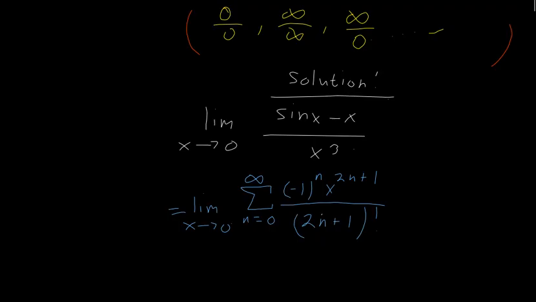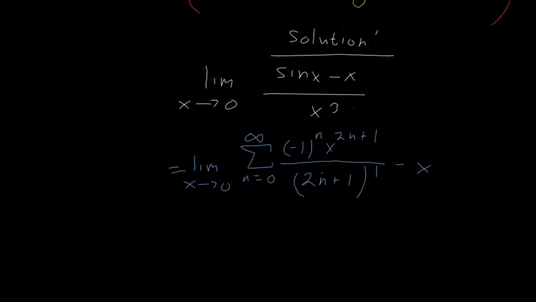If you're not familiar with this, it is just the power or Maclaurin series of sine x. That's why I substitute into sine x, minus x, all over x cubed.